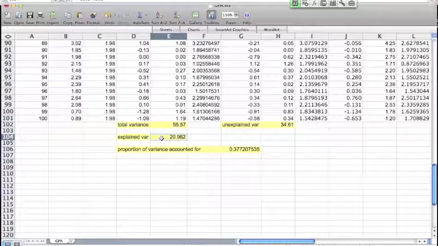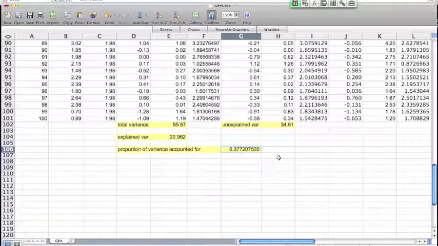That's how much error we're saving. We call that our explained variance. And then if we divide that number by our previous estimate of error, we get 0.37. And that's exactly what R gives me when I ask, what's the r squared? This is our proportion of variance accounted for.